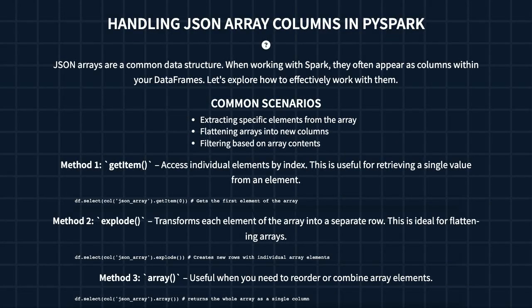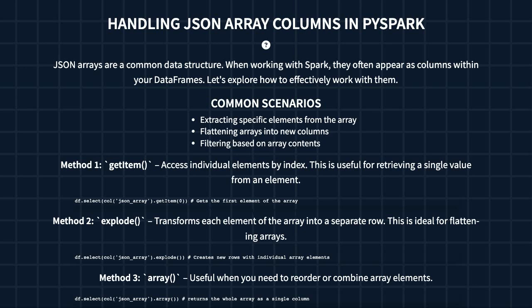Okay, let's talk about dealing with JSON arrays in PySpark. They are super common when you're working with data from sources like logs or APIs. Often, a column will contain an array of things. Maybe it's a list of user IDs or a list of product names. There are a few good ways to handle these. First, if you just need one specific item from the array, you can use getItem, which lets you access elements by their index, like grabbing the first element.